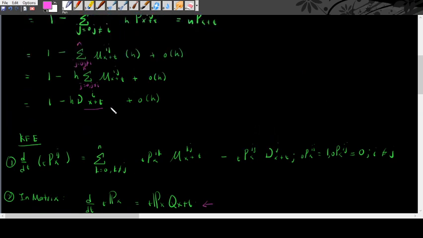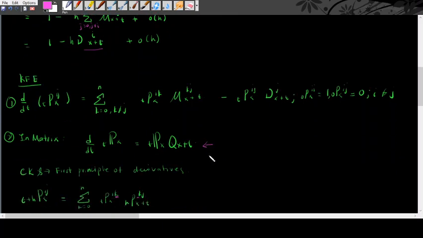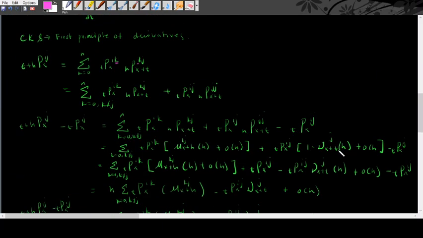Here it will become something like 1 minus h times mu x+t, and in our case it will be j, times h plus o(h). Then minus the tpxij, and everything remains the same for this side. From here I multiply it inside and I will get tpxij times mu x+t j times h plus o(h), and then minus this part.